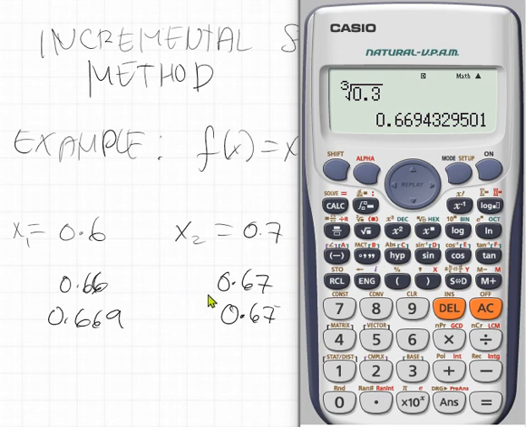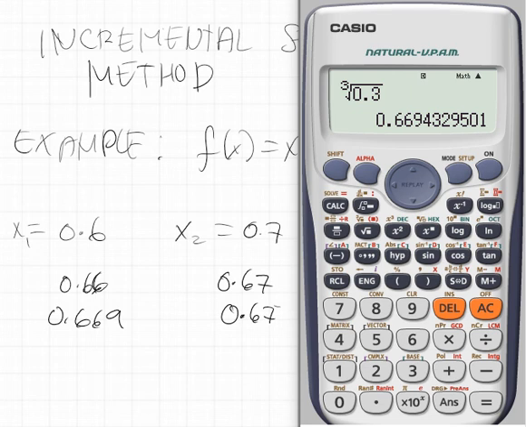So, conclusion: the incremental search method can be used to determine the root or the interval of the root, but the problem with this one is it needs more iterations because you don't know where the exact root is.